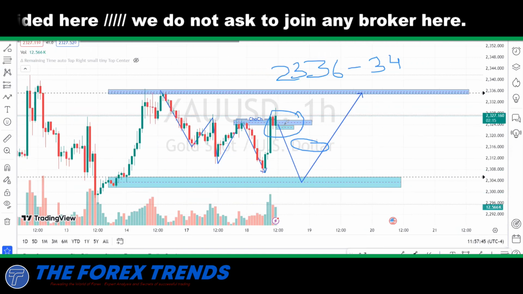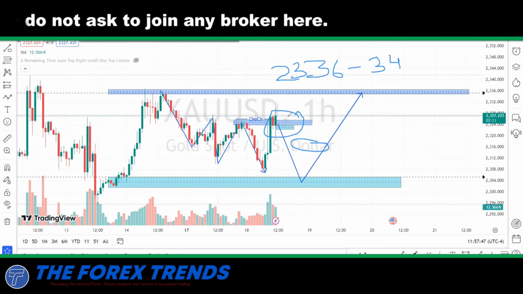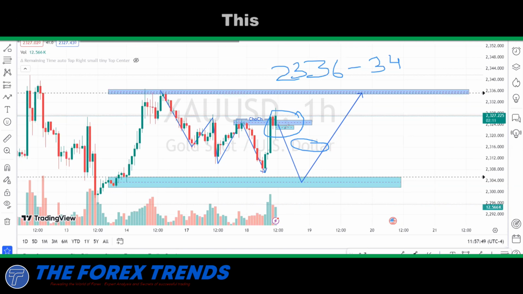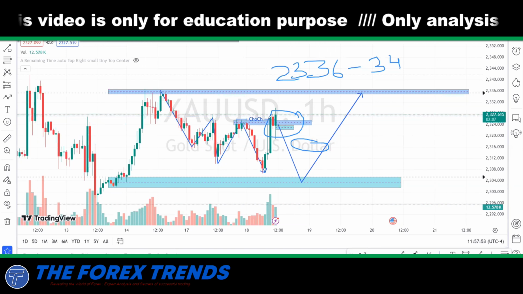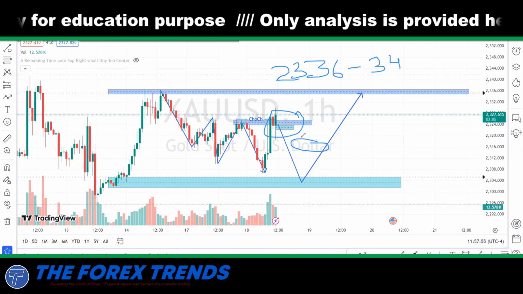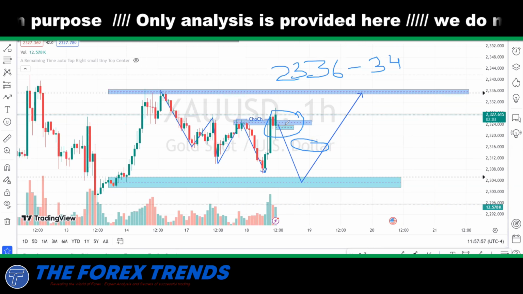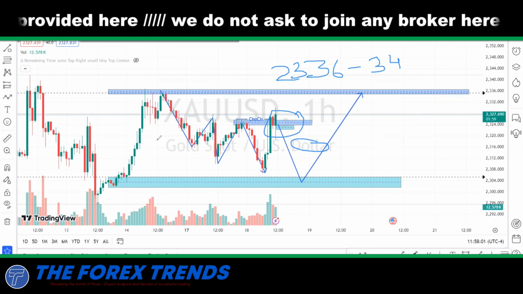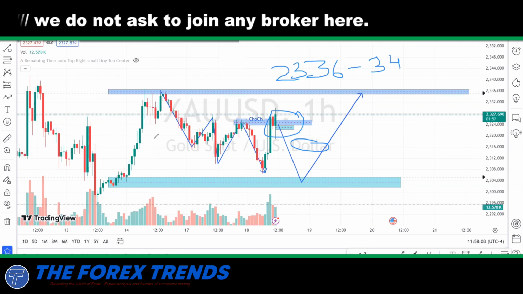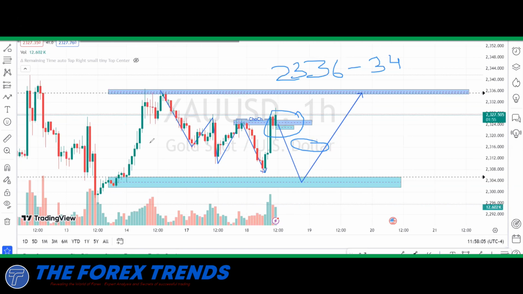If the market is able to break this resistance, I will look for a buy. If the market is unable to break this resistance and unable to create a change of character here, that means we'll go for a sell. So I hope you understand what I want to say.